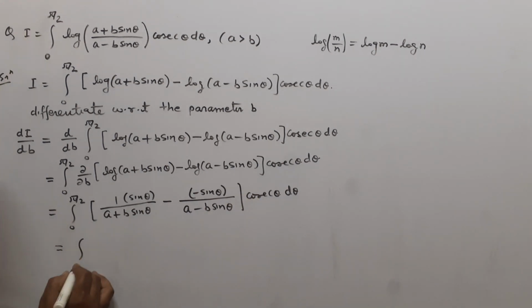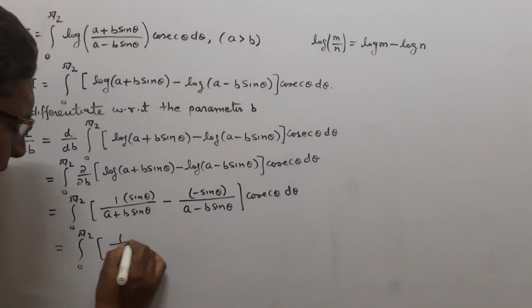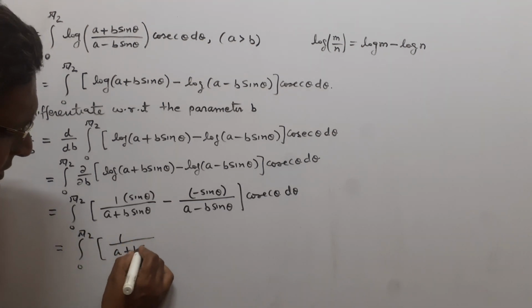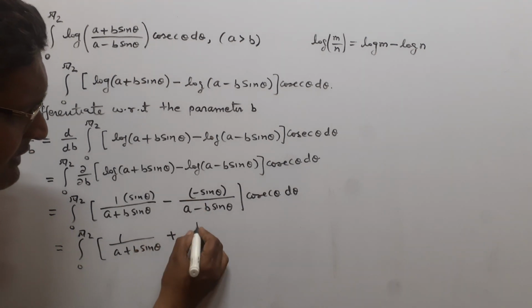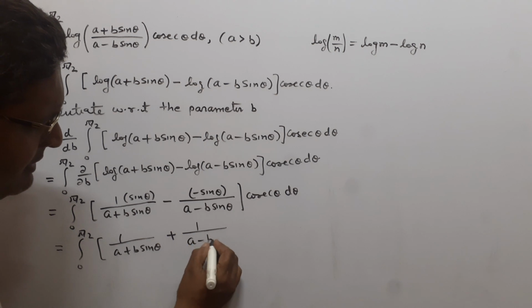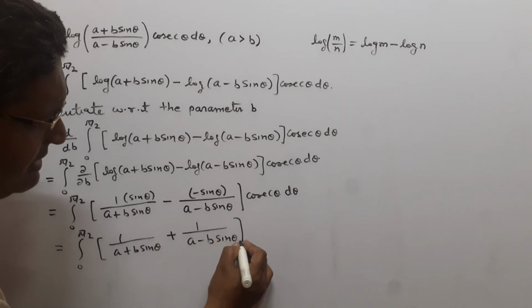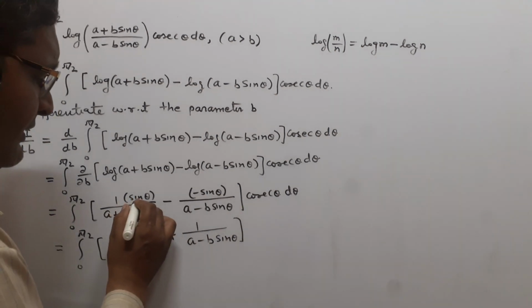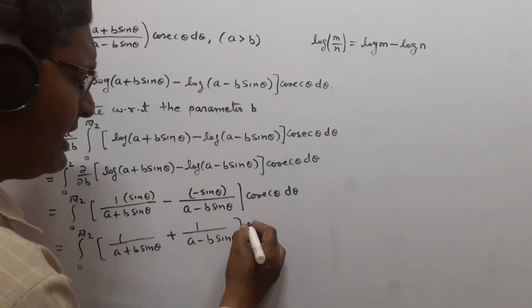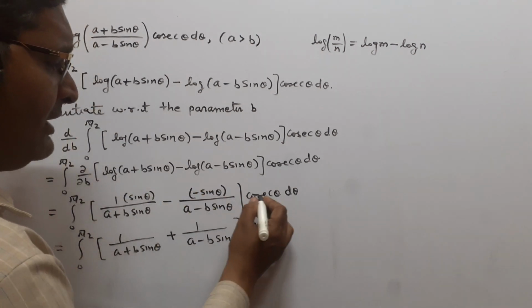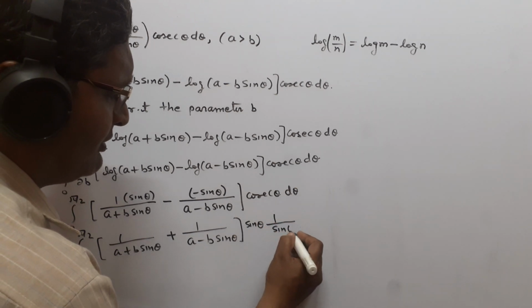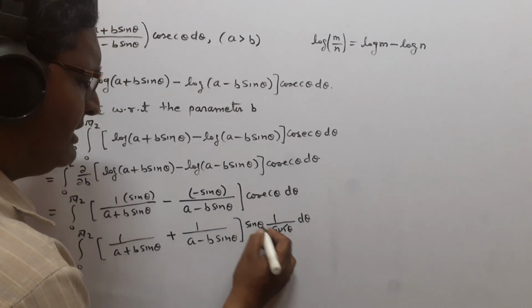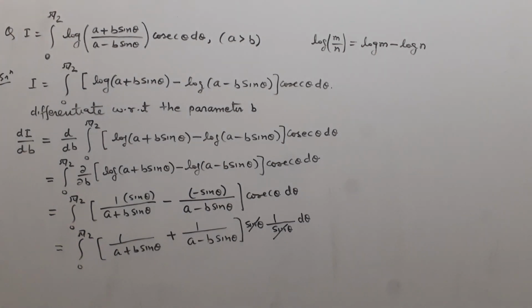So we can write this integral from 0 to pi by 2 of 1 upon (a plus b sin theta), and since minus multiplied by minus gives plus, plus 1 upon (a minus b sin theta). Here, if we take sin theta common, 1 upon cosec theta can be written as sin theta, so it cancels out.